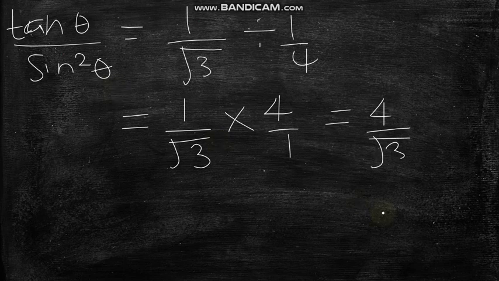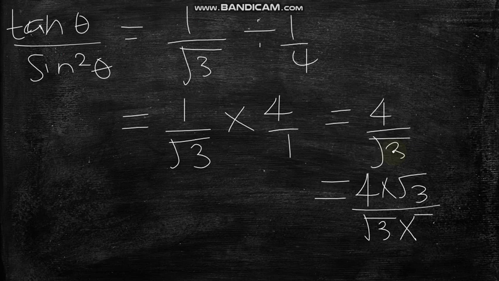Since our denominator here is carrying a root, we'll multiply the numerator and the denominator by this root. If we do that, that will be 4 times root 3, all over root 3 times root 3. So when that happens, we have 4 root 3 all over root 3 times root 3 is 3.